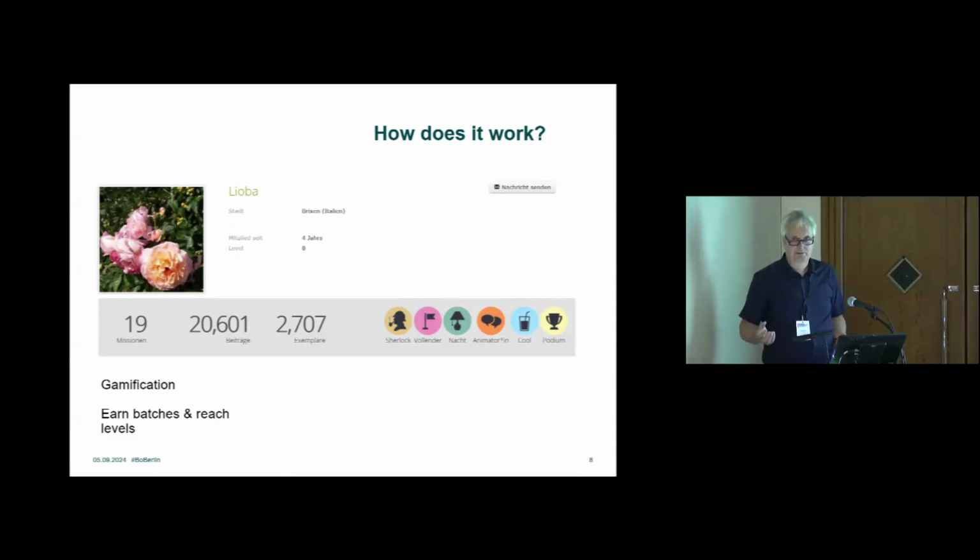For example, you have a historic locality name and derive the country from today or the coordinates or things like that. Vollender is finisher, somebody who finishes things. Nacht is about it's night. It's people working at night, and so on.